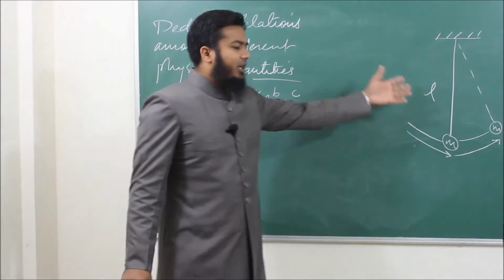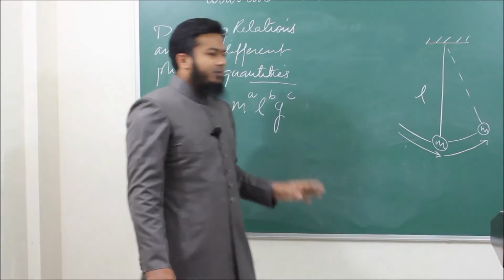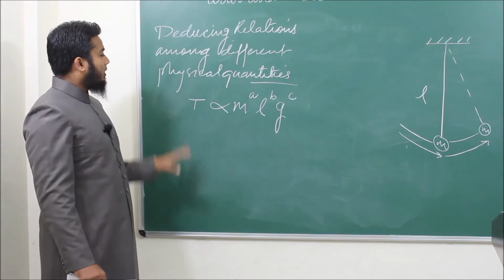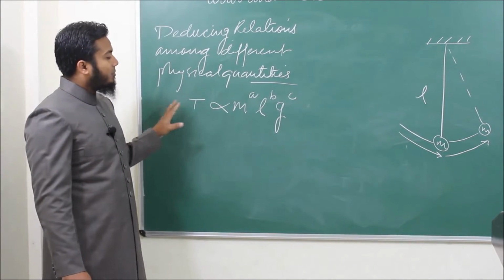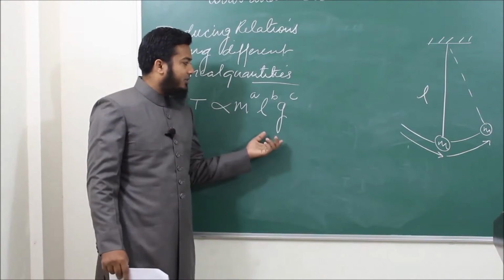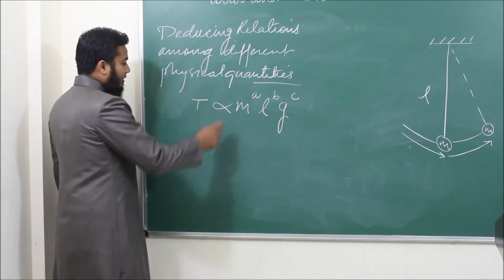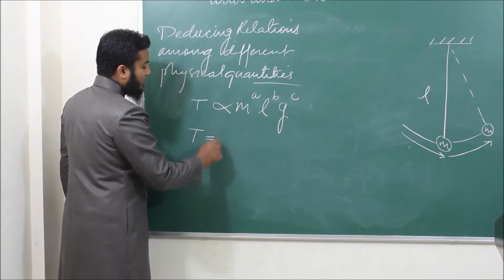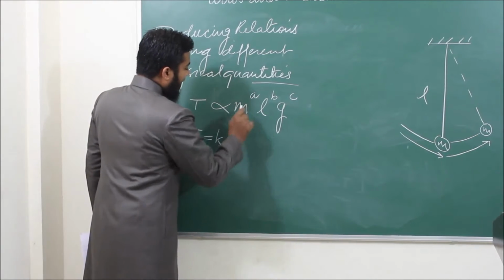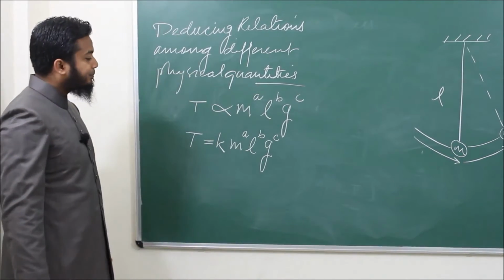We can take many other quantities, suppose temperature or pressure, but for the sake of simplicity, let's settle with these values only. So we are guessing that time period depends on mass to some power a, length to some power b, and g to some power c. After this we can write that the proportionality constant will appear here. So let's write it k, and then m to the power a, L to the power b, and g to the power c.